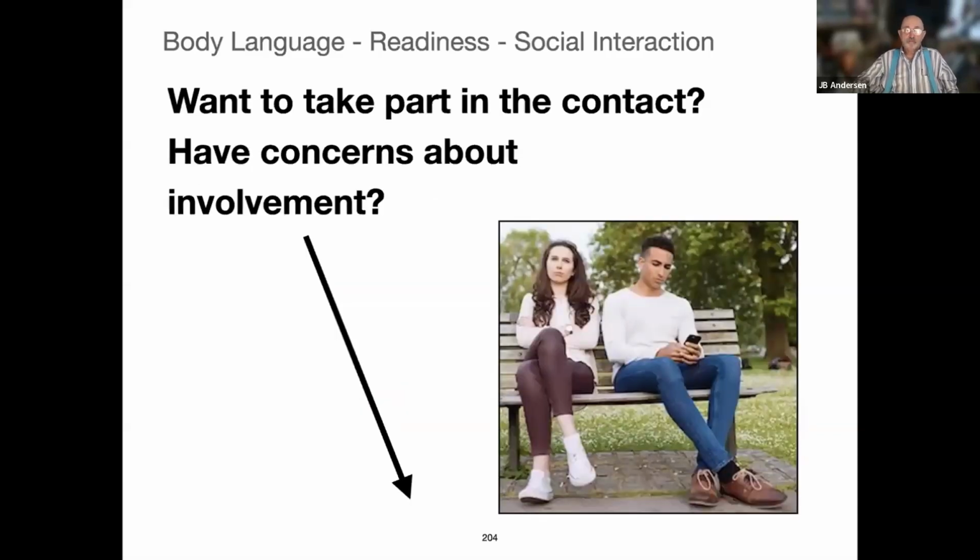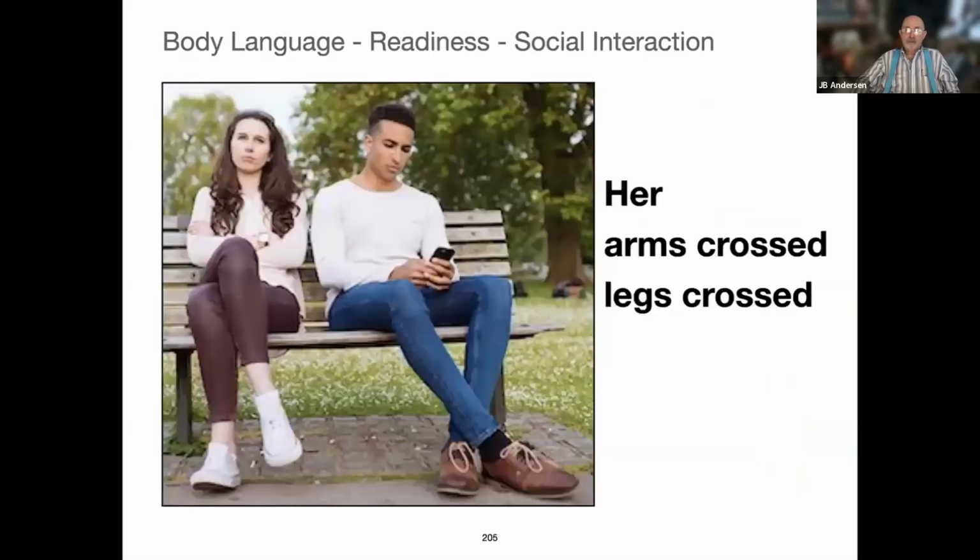Want to take part in the contact? You have concerns about involvement? Look at this couple. What's going on here? Her arms are crossed. Her legs are crossed. This shows back off, stay away, I don't care. I'm worried about what you're gonna do next.